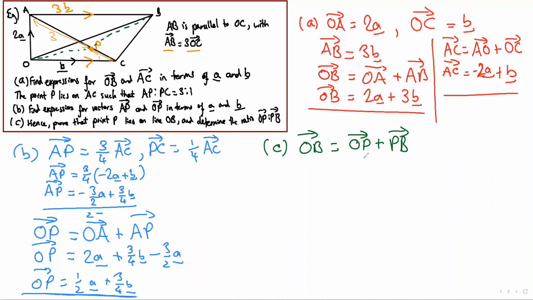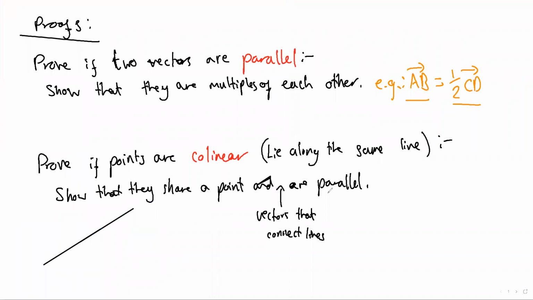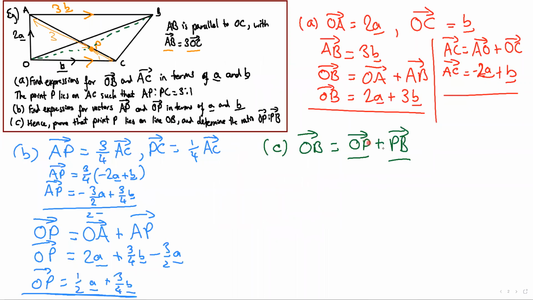So if we show that OP and PB are parallel, that's how we'll get our answer. So if we go back here, remember, we're looking for two vectors that are parallel and share a point. So here, these two share the point P. So if they're parallel, then OB will just be OP and B will lie on the line OB. So let's figure it out.